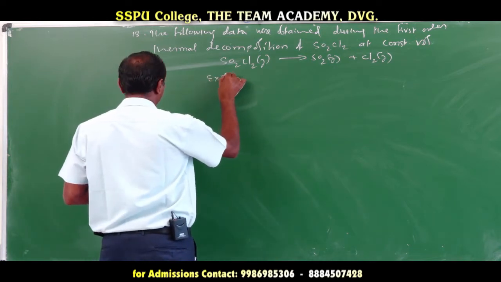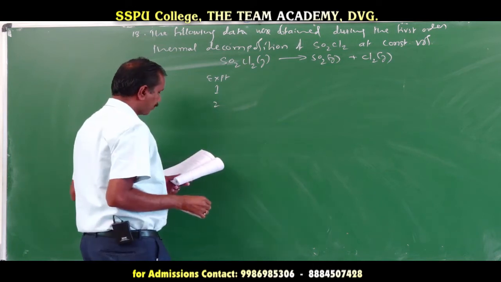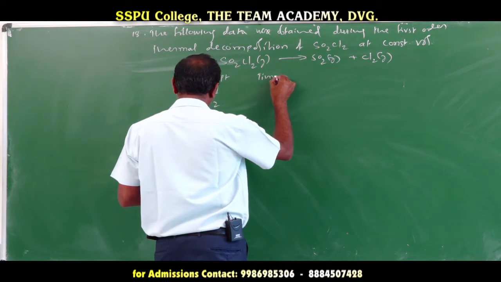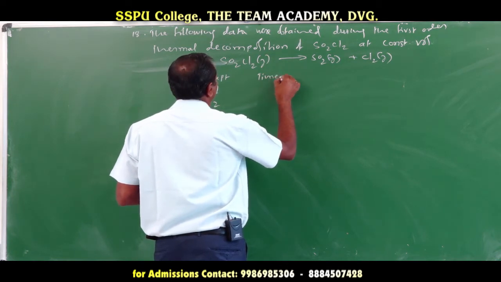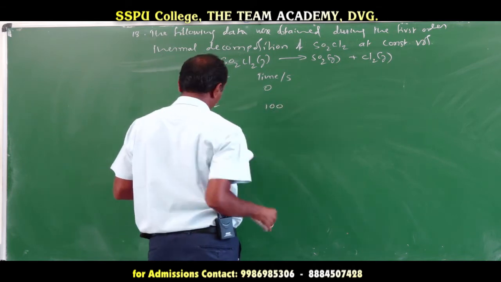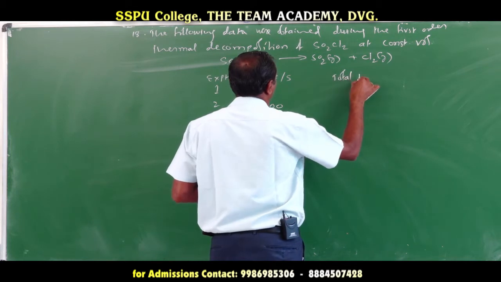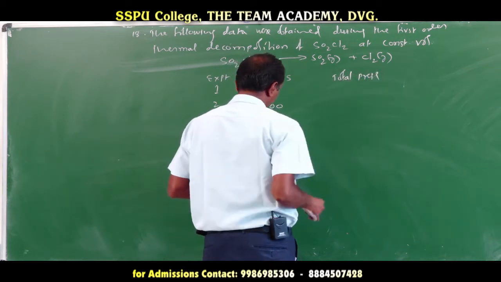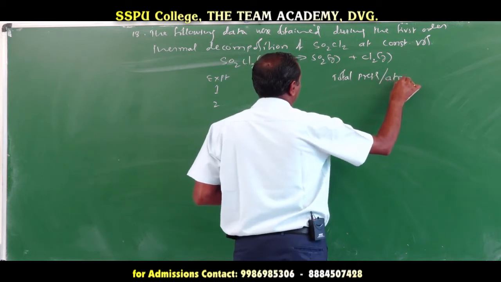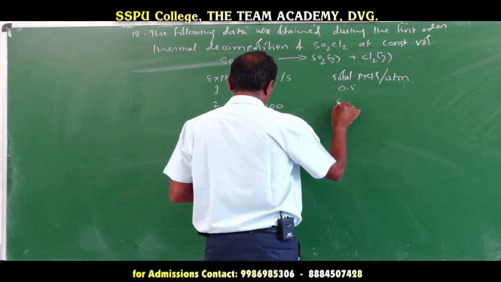Experiment 1. Time should be in terms of seconds: 0, 100. Total pressure in terms of atmospheres is 0.5, this is 0.6.